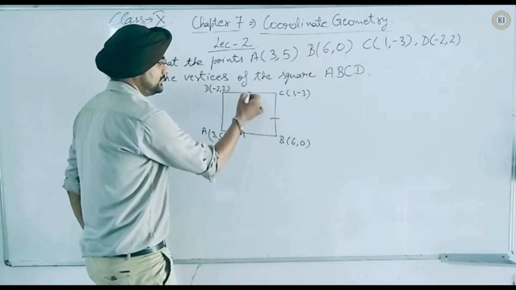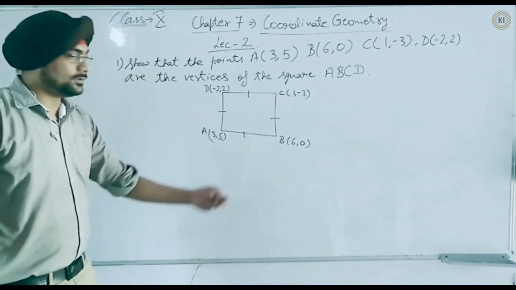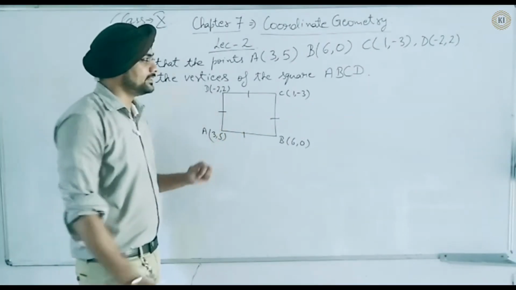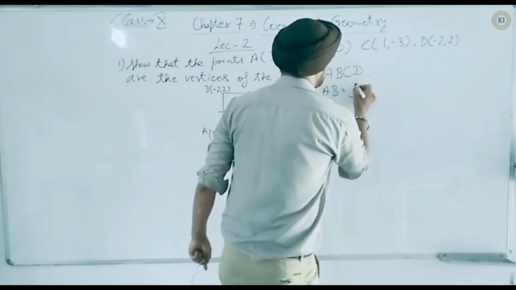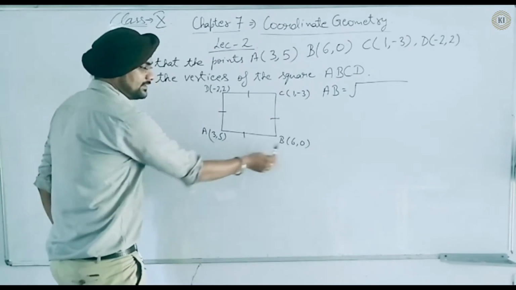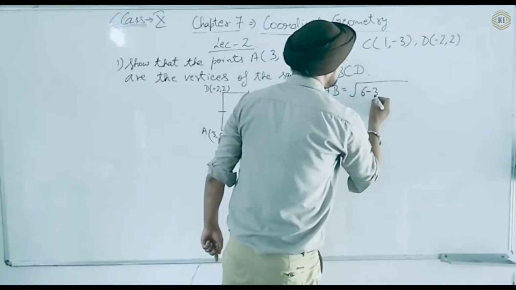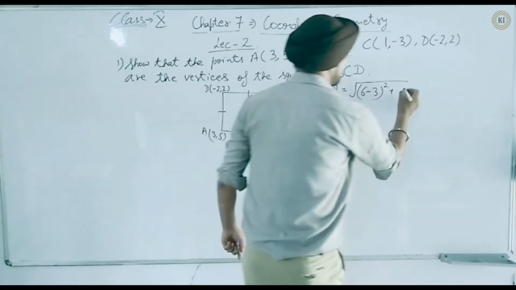AB, BC, CD and AD. So we have to take out the distance between AB, BC, CD and AD. First of all, we take out the distance of AB by applying the distance formula, x1, y1, x2, y2. So (6 minus 3) whole square plus (0 minus 5) whole square.